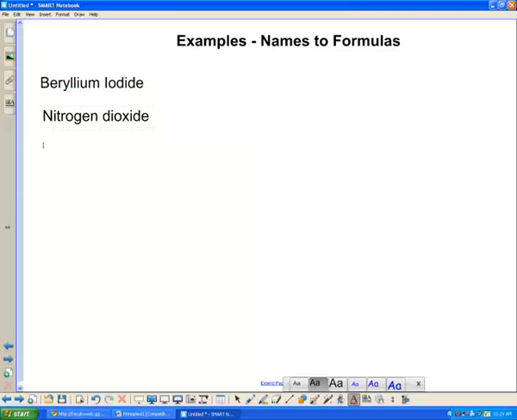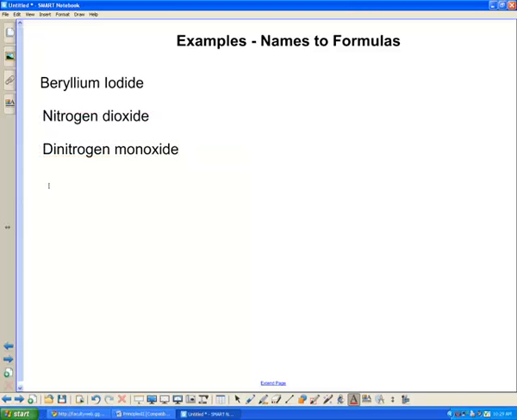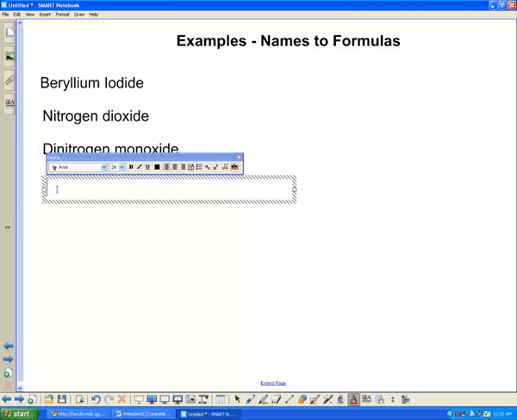Let's do another one. I want to illustrate the fact that even with two of the same element, you can have a bunch of different names. Dinitrogen monoxide. Then let's do dinitrogen tetroxide.